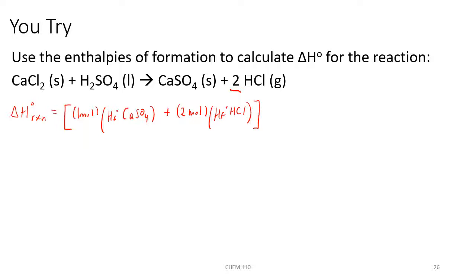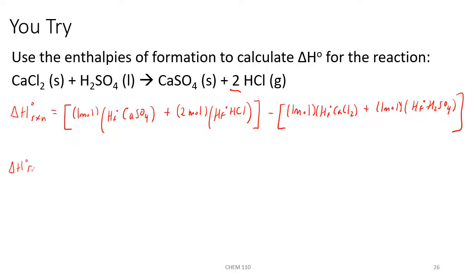That'll be the sum of our products. And we're going to subtract off the sum of our reactants. 1 mole times our heat of formation for calcium chloride plus 1 mole times the heat of formation for our sulfuric acid. So now we're going to look at our heat of formation chart and actually look up what those values are.